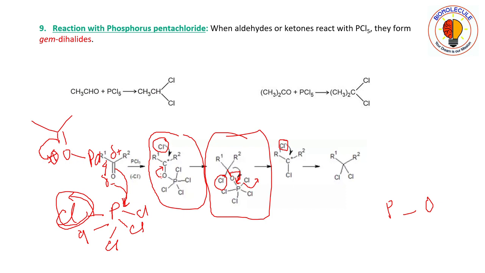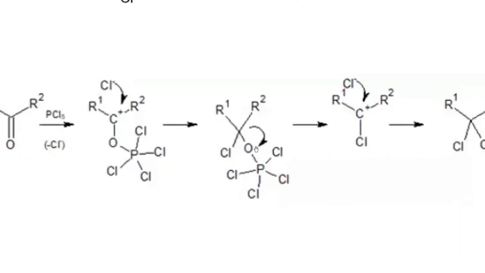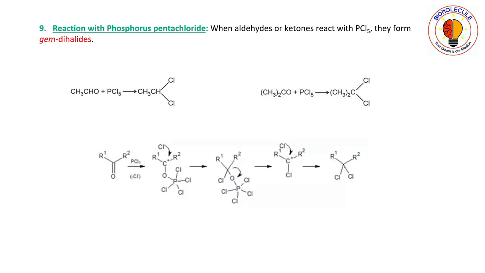See here, oxygen is taking this bond and forming a double bond with phosphorus and expelling one chloride ion. So this free chloride ion, here it is, and this carbon will bear a positive charge again, so this chloride ion will go and attack this positive carbocation, forming the final compound.